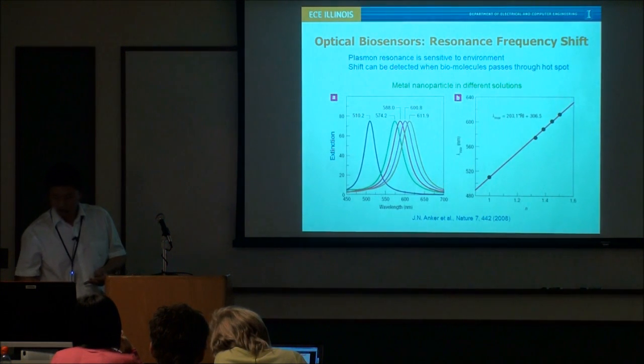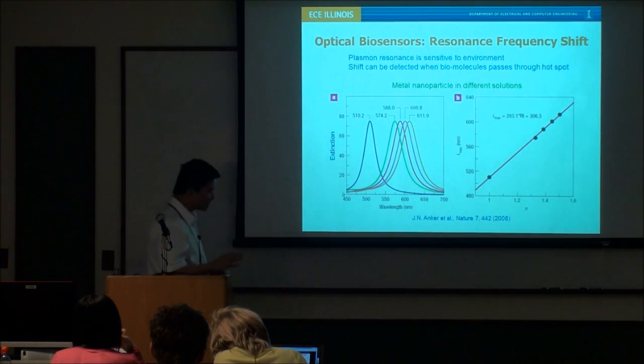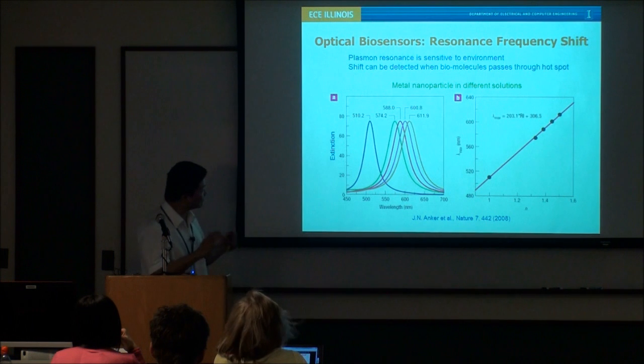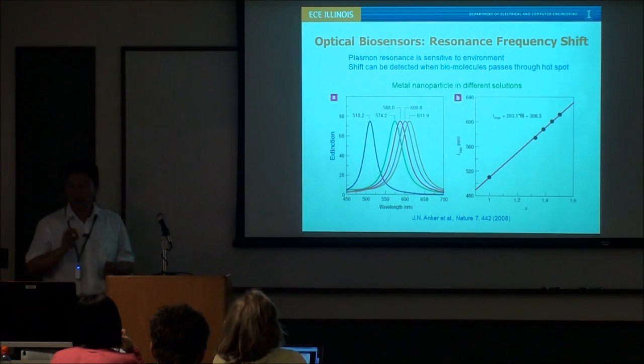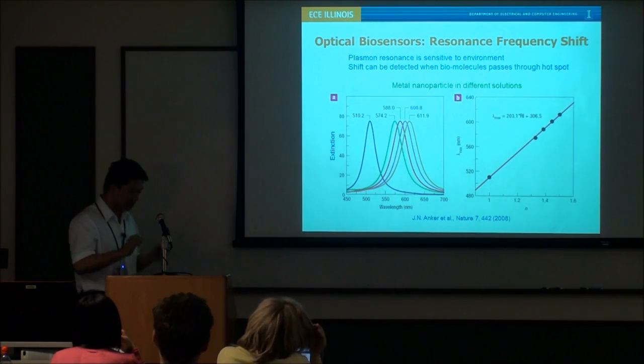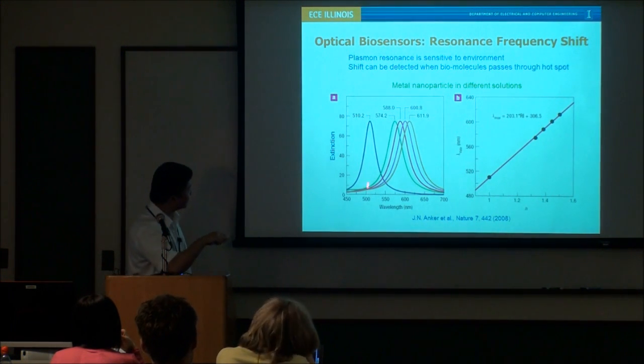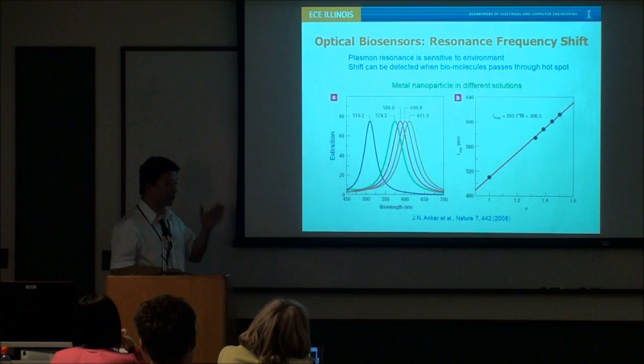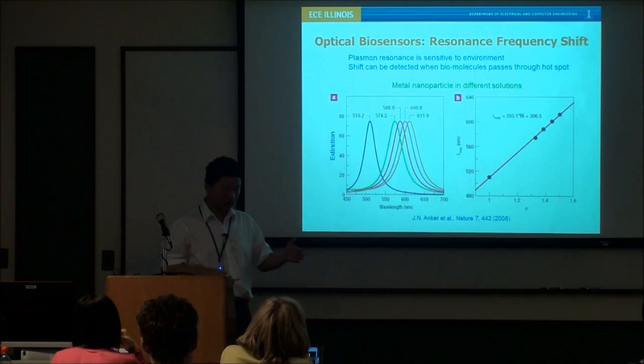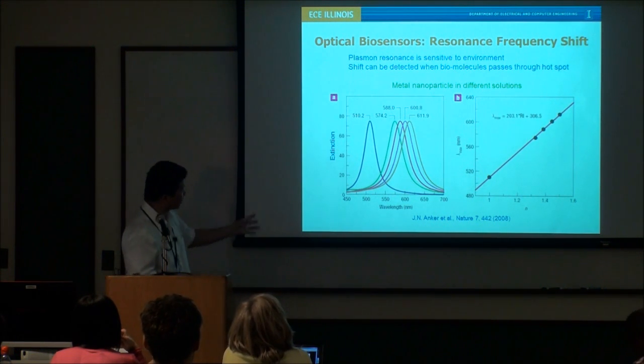All right, so people do use this for sensing applications. For example, people have demonstrated that with a nanoparticle localized plasma resonance, you would expect the resonance peak wavelength to be related to the refractive index of the media surrounding the particle.